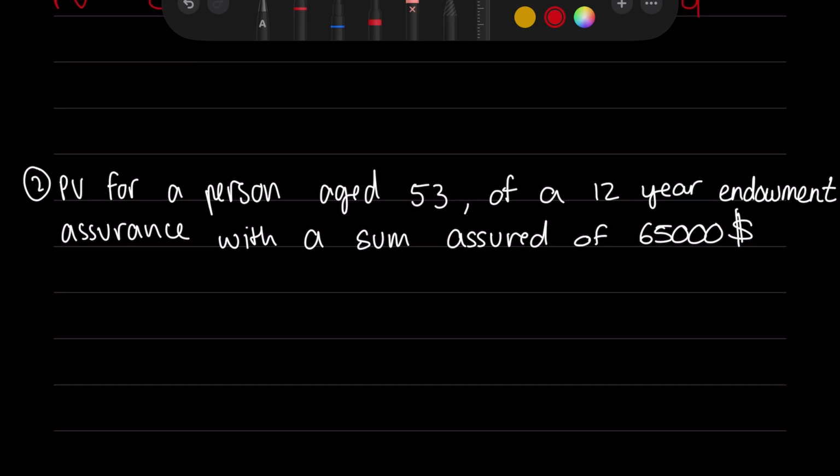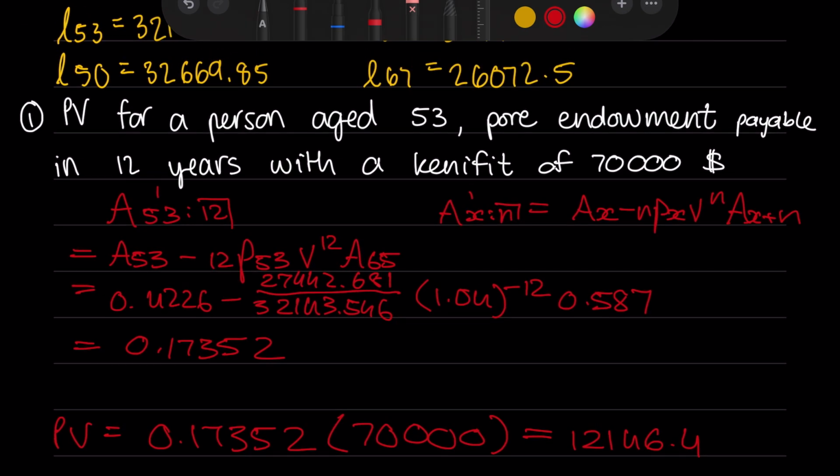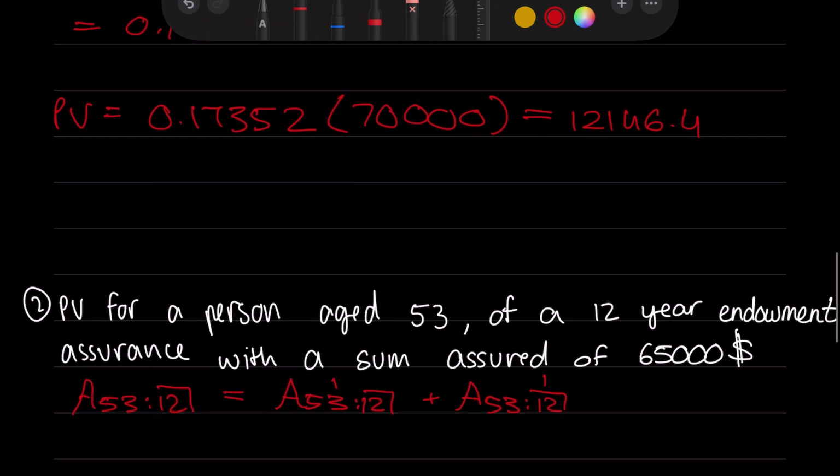So let's just start by calculating this. We'll do the present value at the end. A 53-year-old, 12 years, and we know that that's the sum of A53 term 12 plus A53 endowment 12, and we just calculated this one, right?